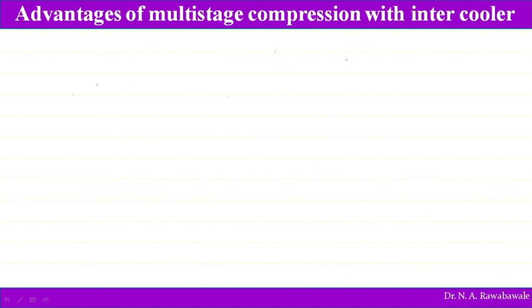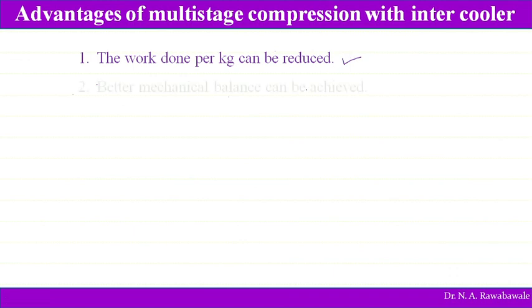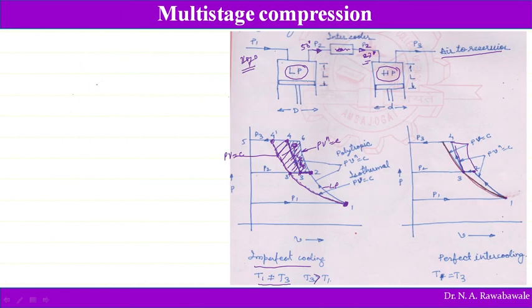Now, the advantages of multi-stage compression. What are the advantages of multi-stage compression with intercooler? First of all, the work done per kg can be reduced, so the work required is reduced. Second, better mechanical balance can be achieved. How? We can see there are two cylinders, so there will be a reciprocating mass which is to be balanced.